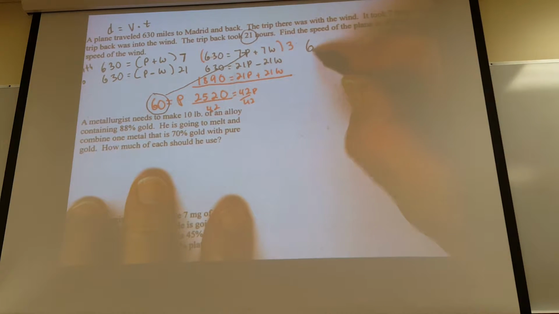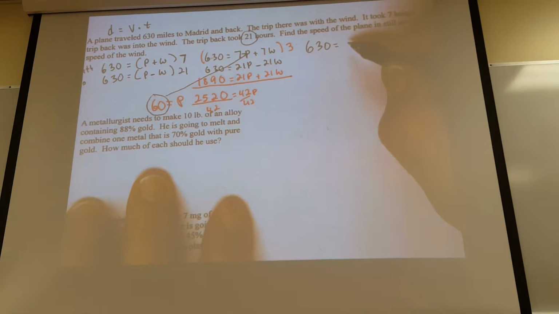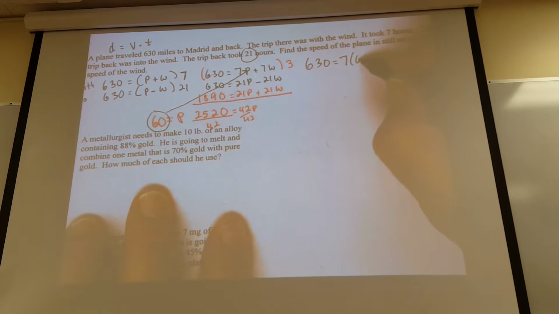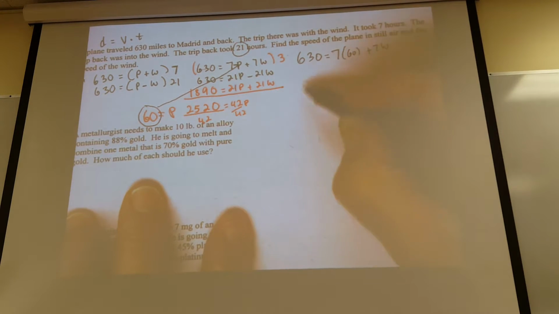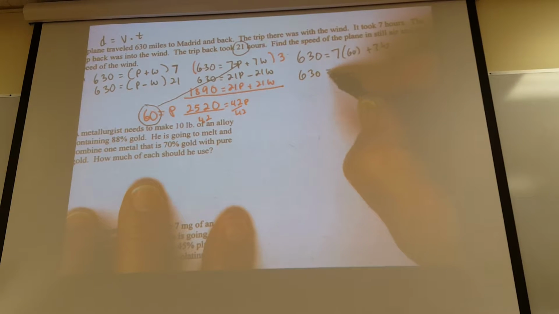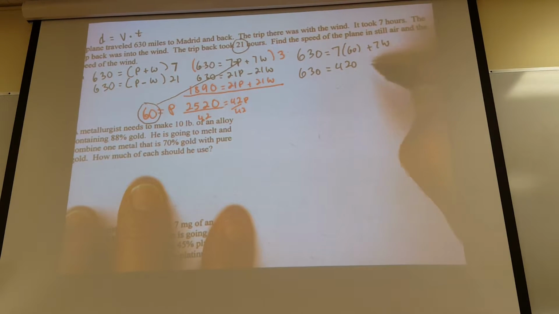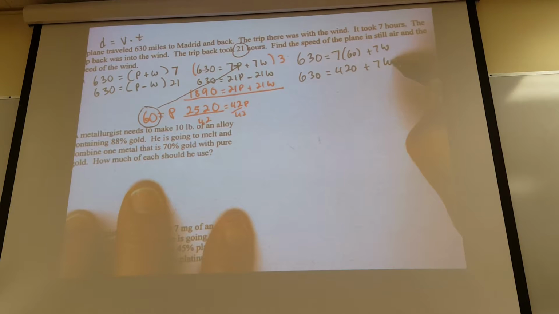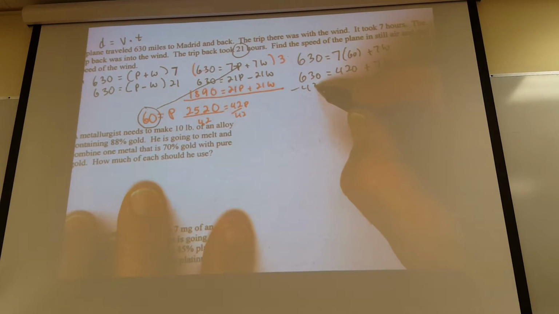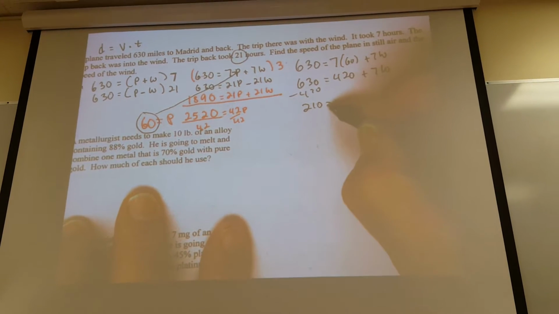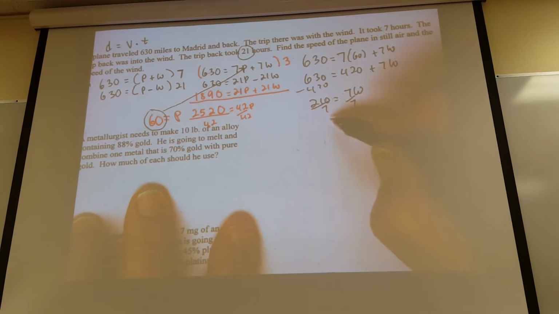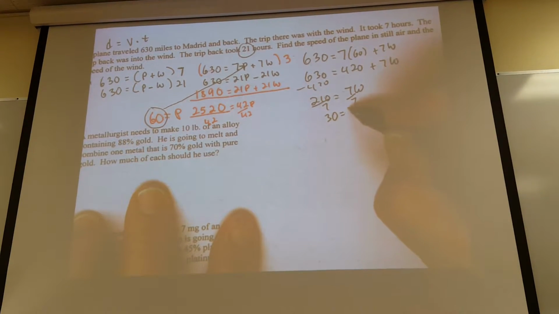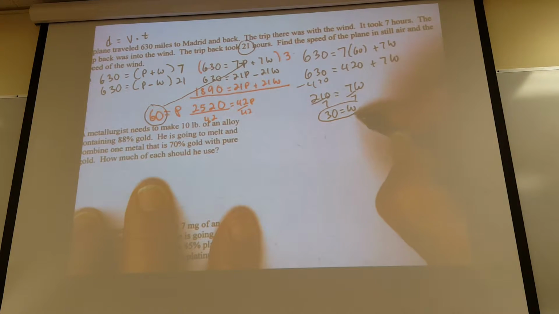So 630 would equal 7 times 60 plus 7W. 630 would equal 420 plus 7W. When you minus 420, 210 would equal 7W. When you divide by 7, 30 miles per hour is the wind.